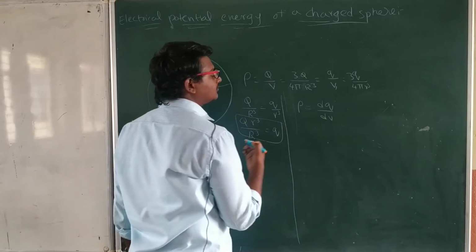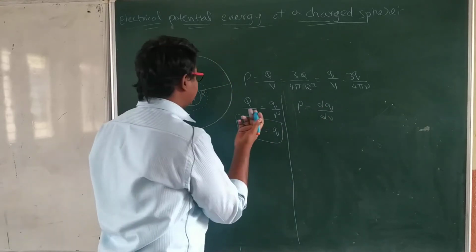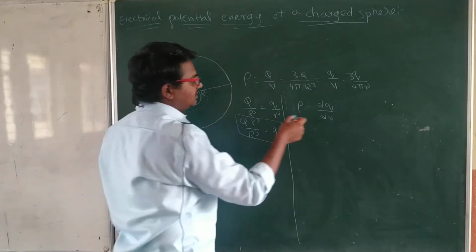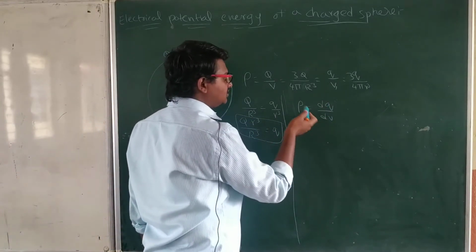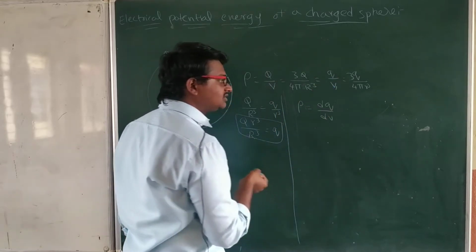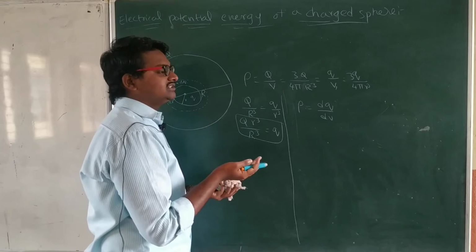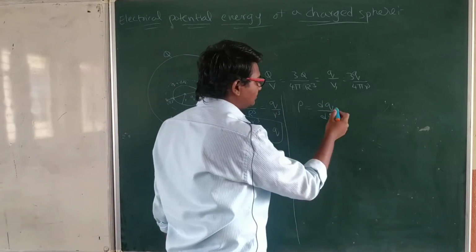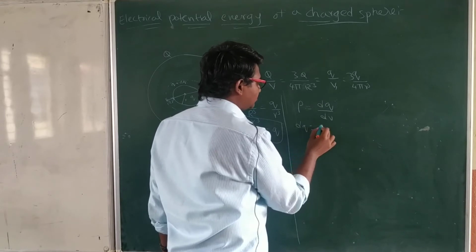As it is a uniformly charged sphere, dq by dV is equals to rho, q by V is equals to rho, and q by V1 is also equals to rho, because wherever you go the density will not change. That is the reason.